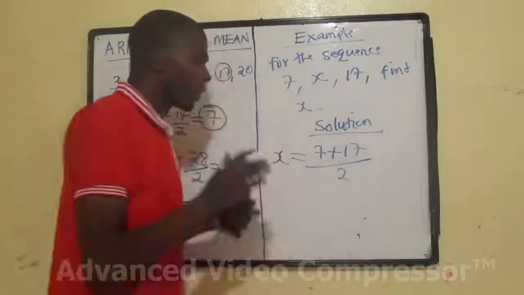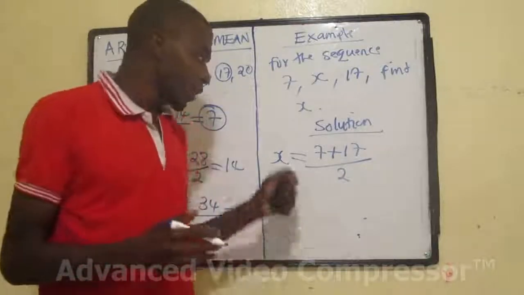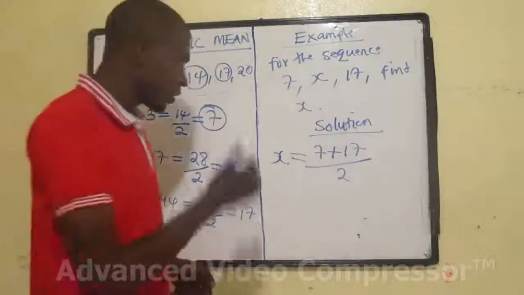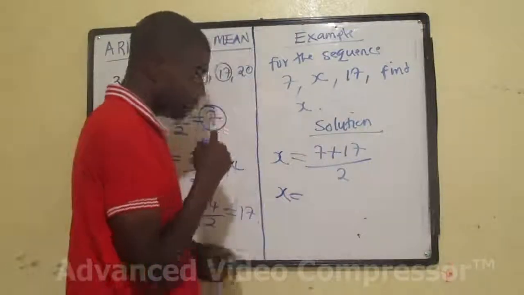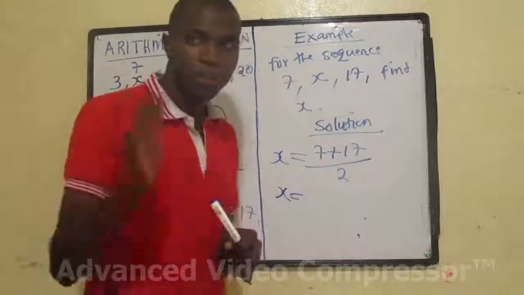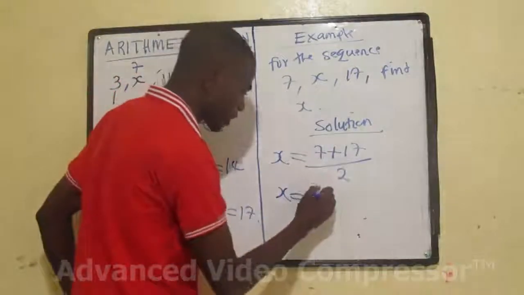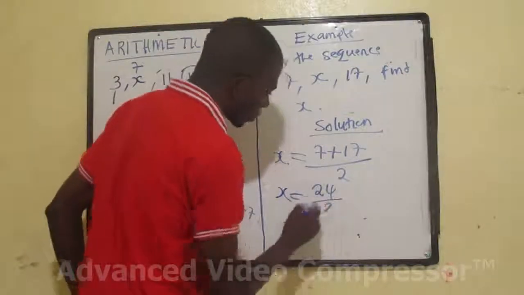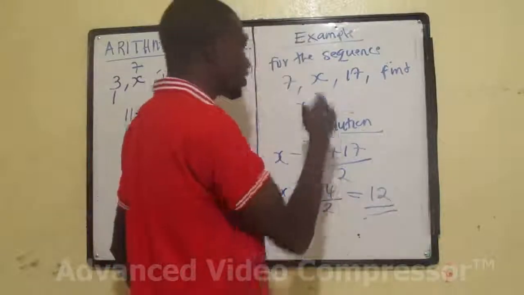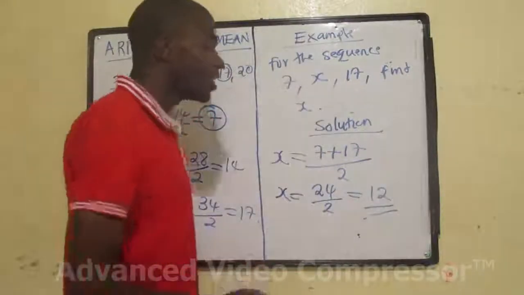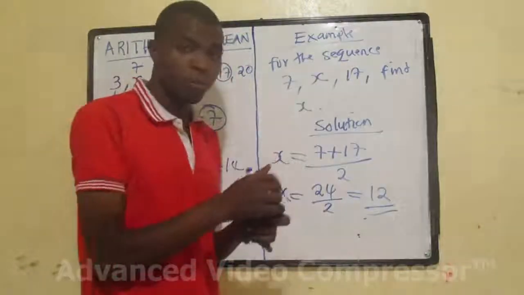We add those two terms, then we divide by 2. 7 plus 17 is 24, so we get 24 over 2. The answer we get is 12. So the term that was supposed to be here is 12.